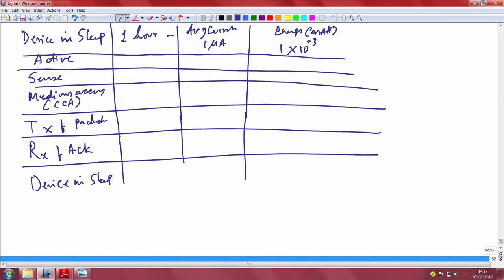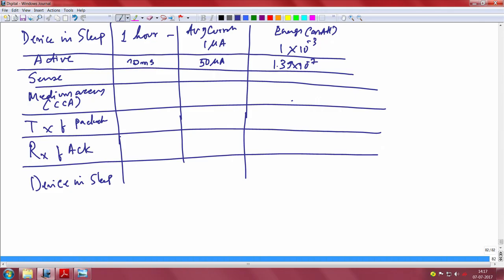Start putting some numbers here. It is on active time for 10 milliseconds, but when it is on it is not doing anything. So you may want to not consume much, this is only a very small number, right, 1.39 times 10 power minus 7, right.